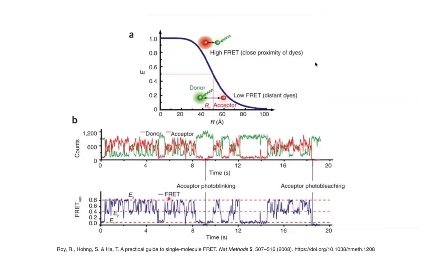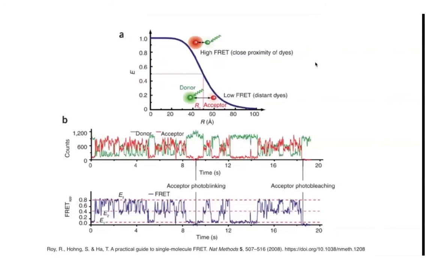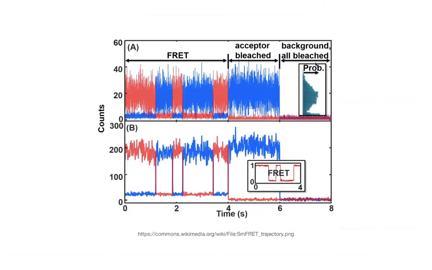So FRET can be used to detect different states or conformations. Often they'll plot it on a histogram, which shows the probability that it's in one state versus the other. There are different ways that you'll see FRET data, and we'll look at some examples to help solidify the concept so that we can understand what's going on.